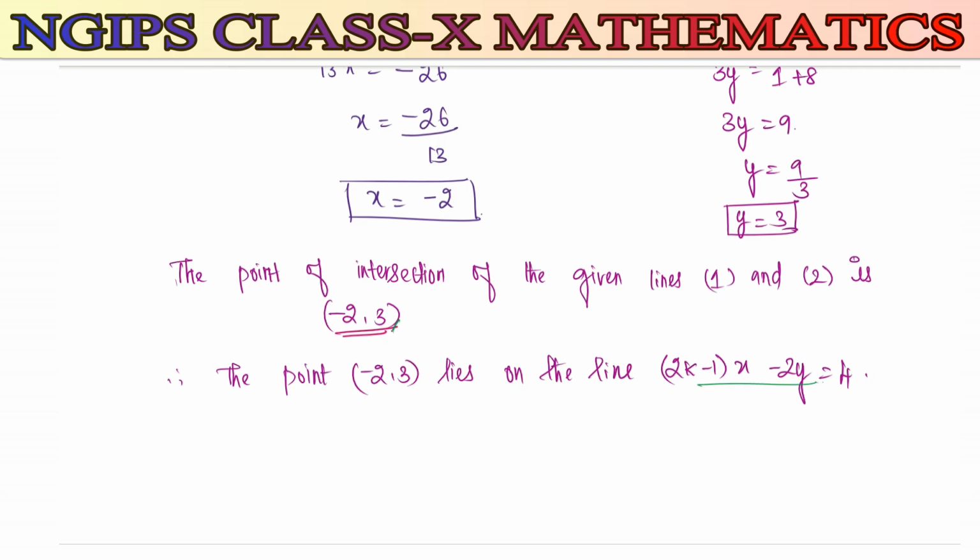So here I can take x is equal to minus 2, y is equal to 3. I am going to substitute in the third equation to get the value of k. So (2k minus 1) into x value, it is minus 2, minus 2 into y value, it is 3, is equal to 4.